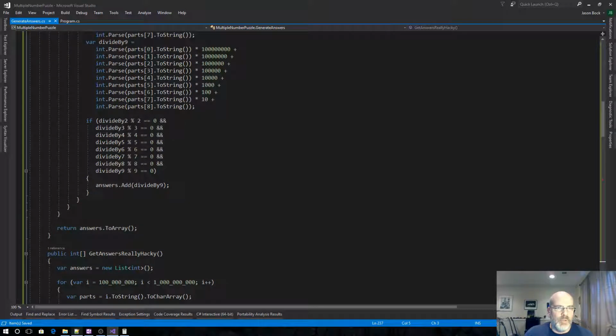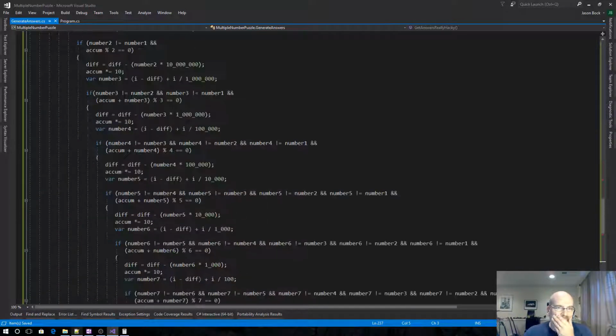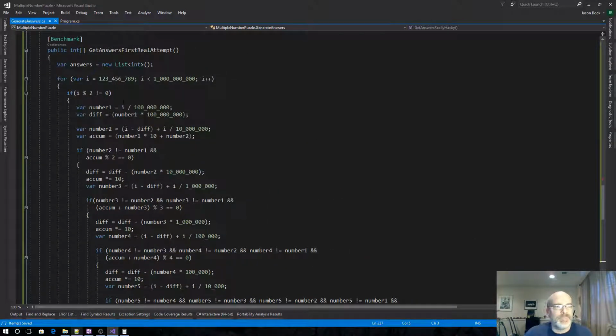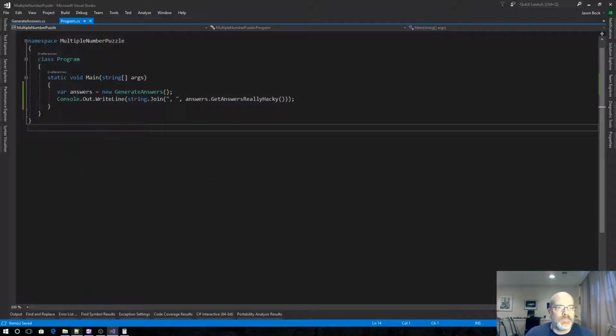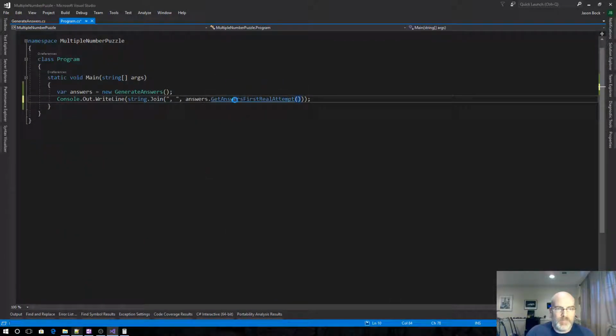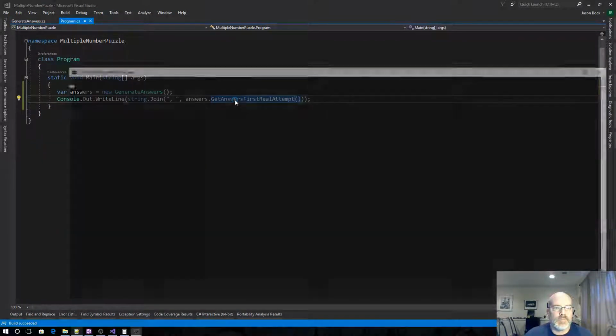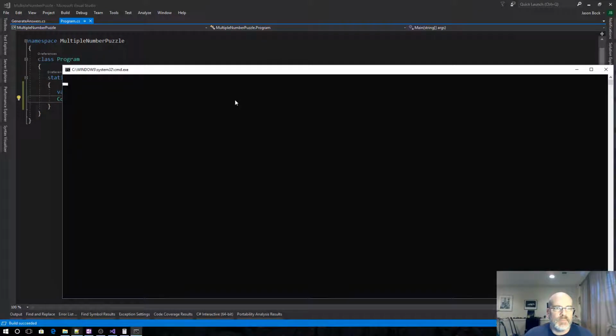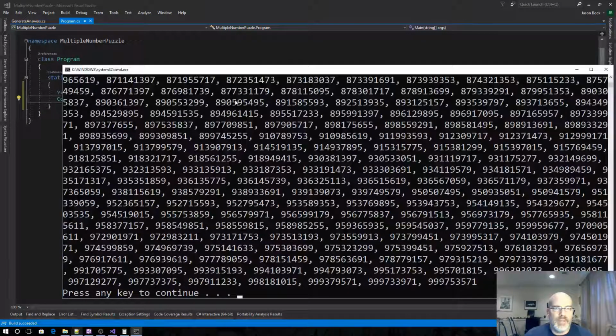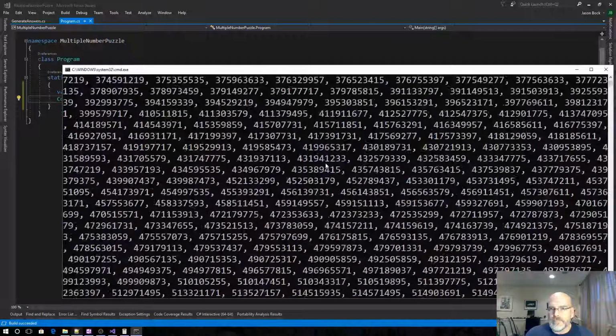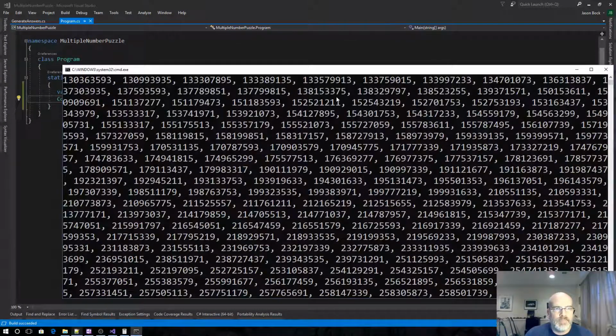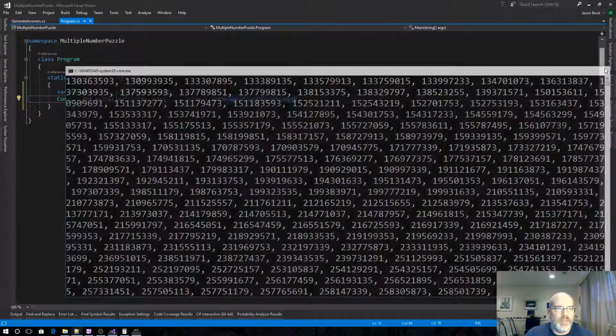Let's see if this actually works, because I am not convinced it is. Yeah, that's completely wrong. Yeah, it's definitely not finding the right numbers.